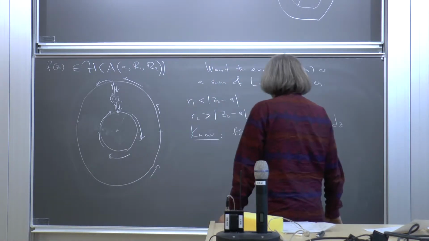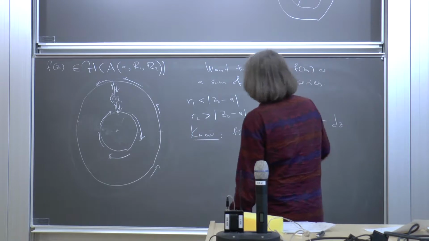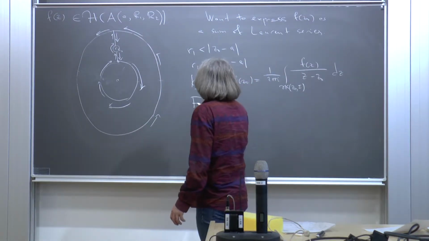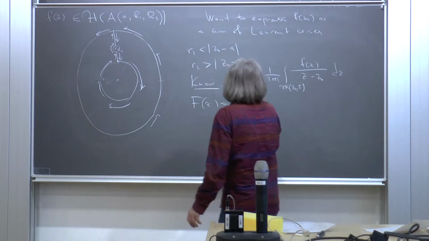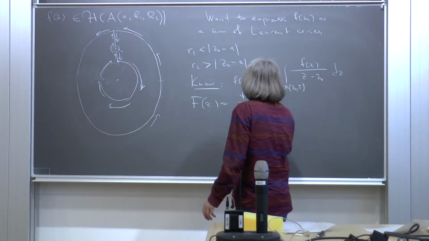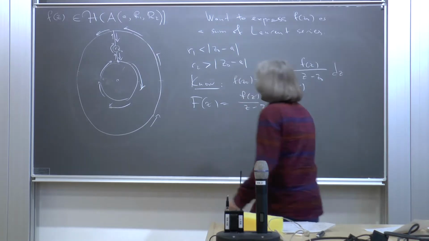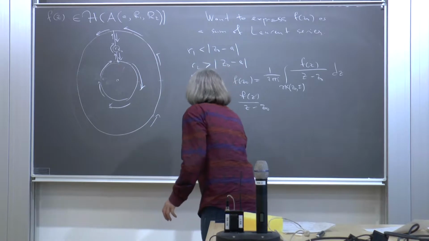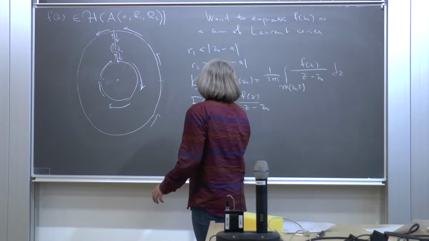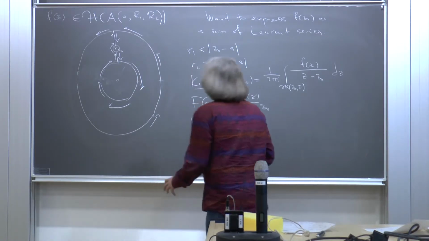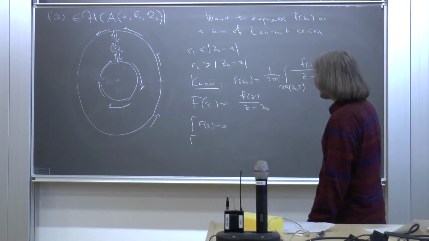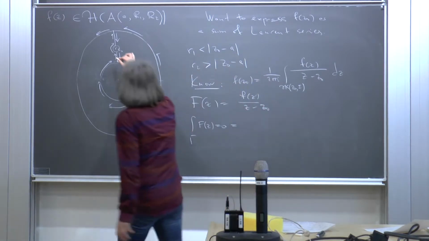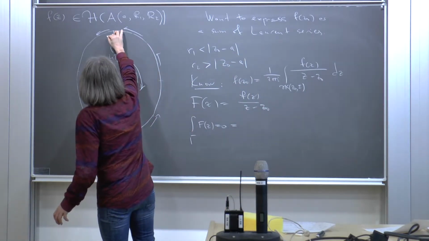So if we denote by f of z over z minus z naught, and again denote the whole thing by gamma, the integral over gamma is 0 because the path is contractible. But it also equals, let's count, say this is L1, this is L2.